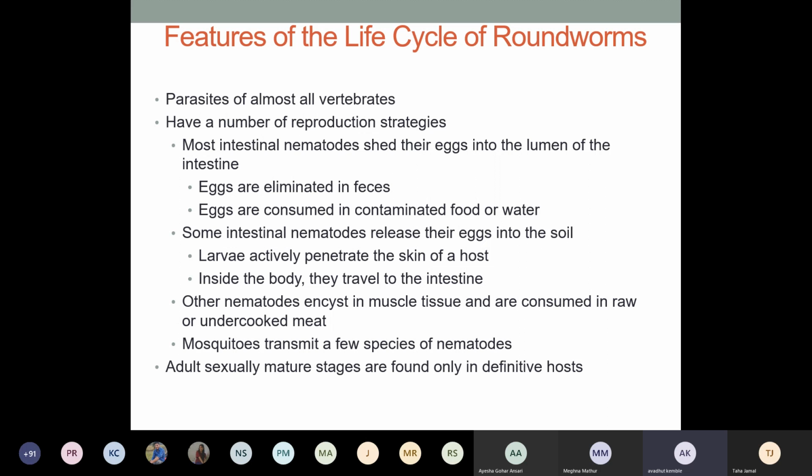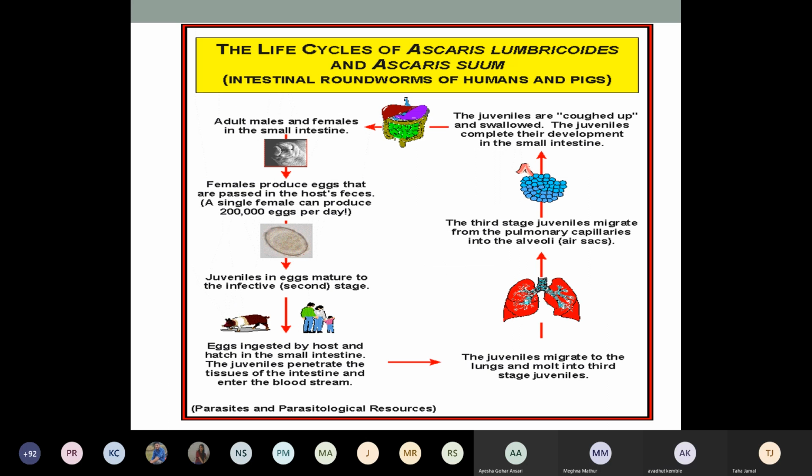Larvae actively penetrate the skin of the host. Inside the body, they travel to the intestine. Other nematodes encyst in muscle tissue and are consumed in raw or uncooked meat. Here is a complex diagram showing the life cycle of Ascaris lumbricoides.